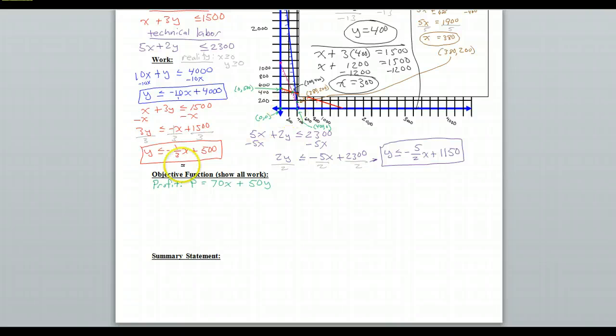Okay, now our vertices are, I'm just going to make my list first. Our vertices are (0, 0), (0, 500), (300, 400), and then there's (380, 200), and (400, 0).